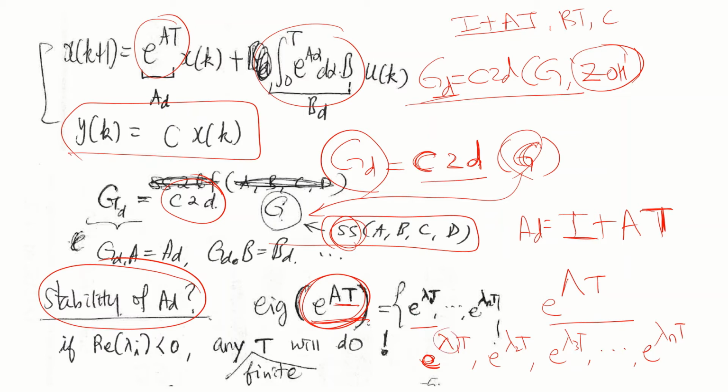Here λ1 to λn come from the eigenvalues of the original matrix.